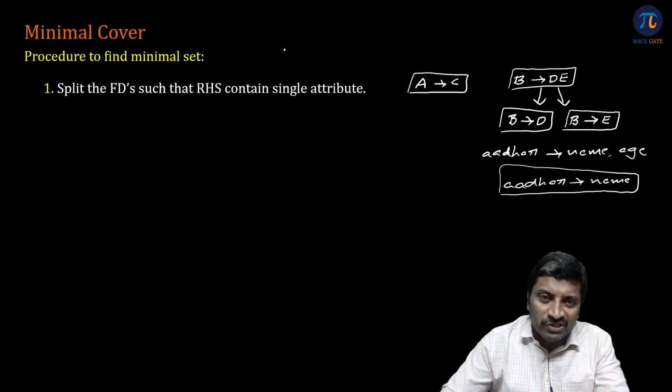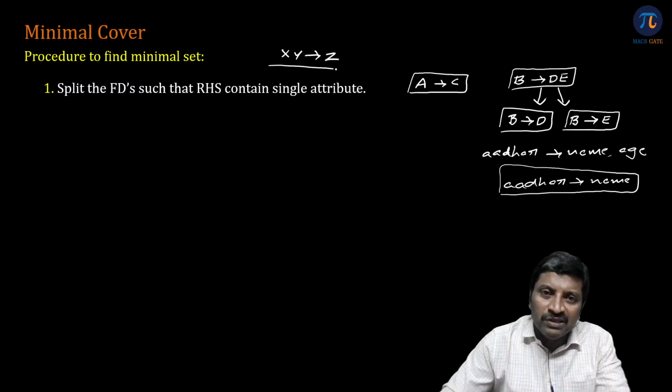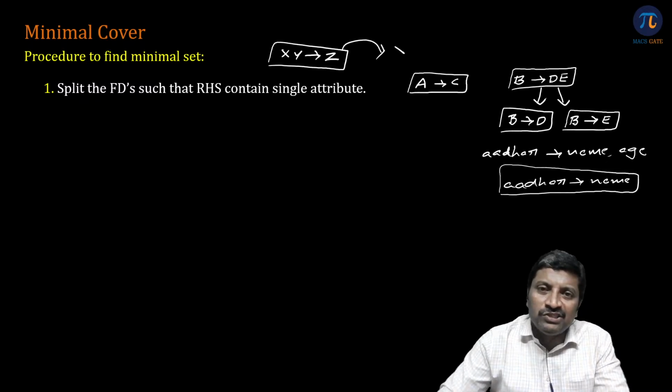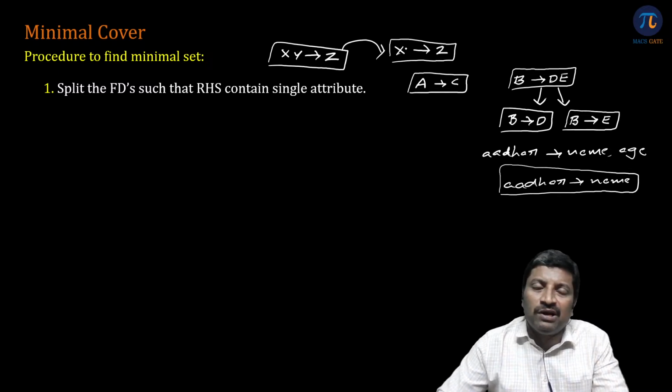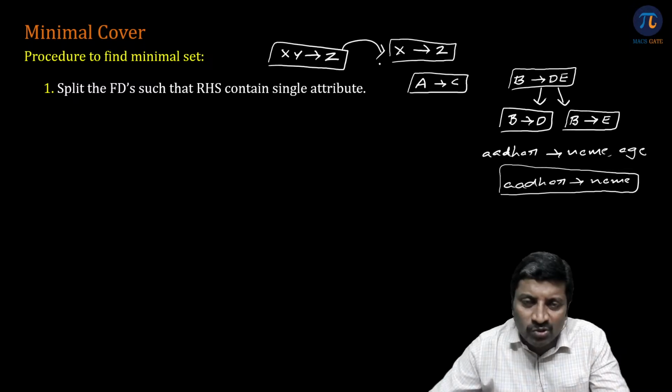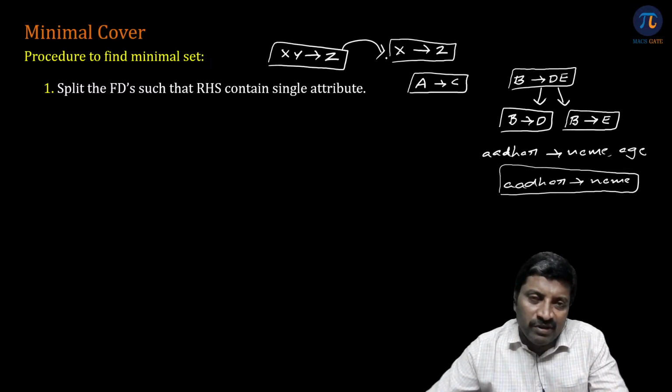But please remember this. Suppose I have xy implies z. That means with the help of xy, I can get z. In such a case, I should not write x implies z, because I don't know whether x alone is enough to get z. Maybe I need y. Whenever I know x and y, then only I can get z.